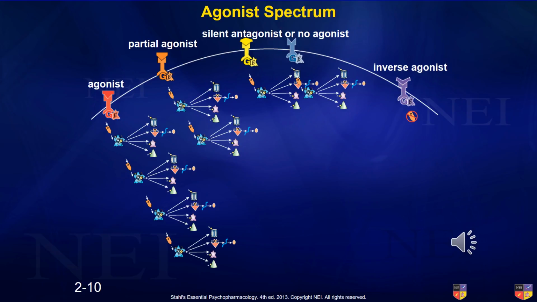Has a lot of activity that is then enhanced at the receptor site and down into the multi-signal transduction cascade, and then it keeps going over to the far right, where the inverse agonist has completely stopped all activity at the receptor site.